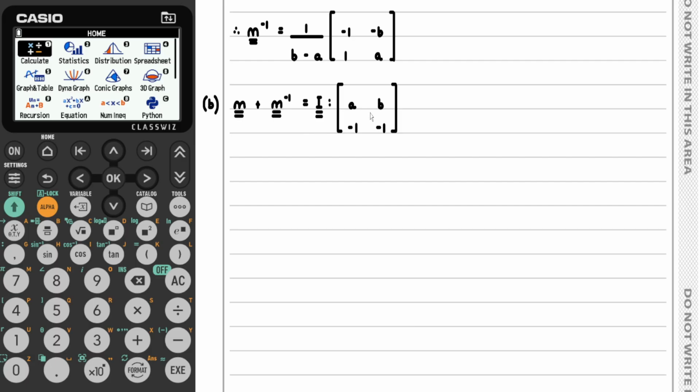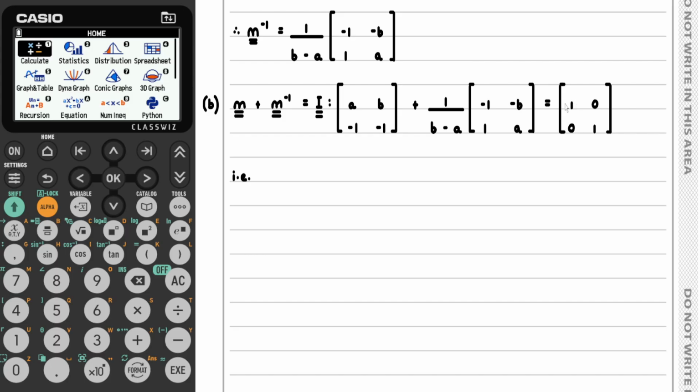We have the matrix M, which is a, b, negative 1, negative 1, and we add on to this the inverse of M, which is 1 over b subtract a multiplied by negative 1, negative b, 1, a. And this is equal to the 2 by 2 identity matrix 1, 0, 0, 1. Now, for us to find out what a and b are, we can set up two separate equations.